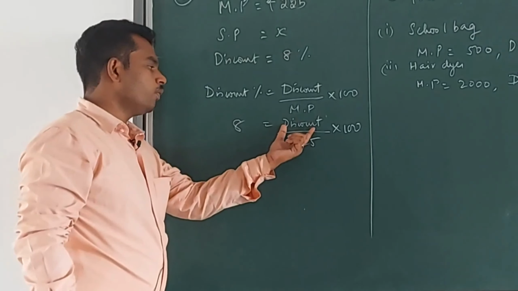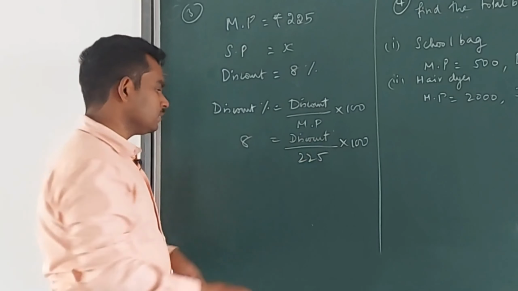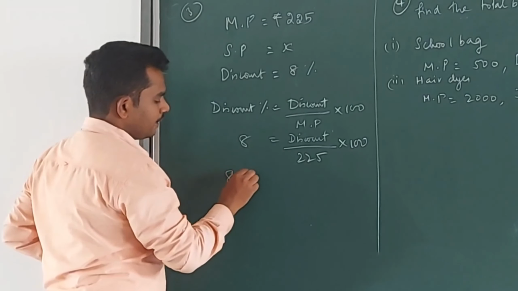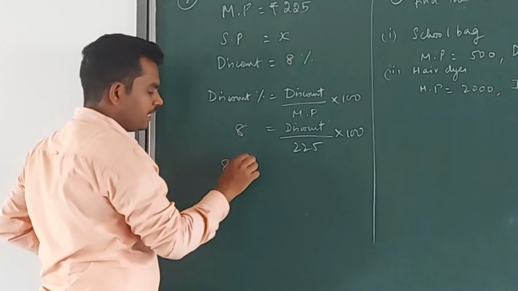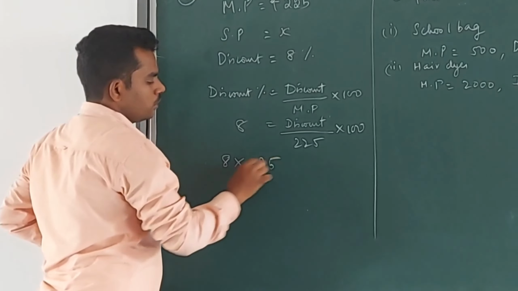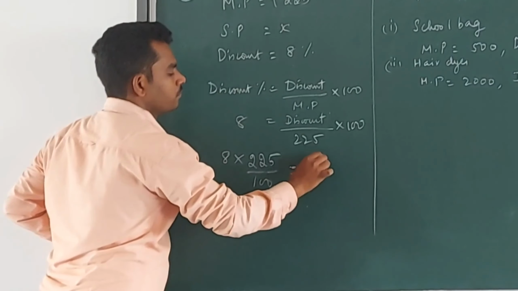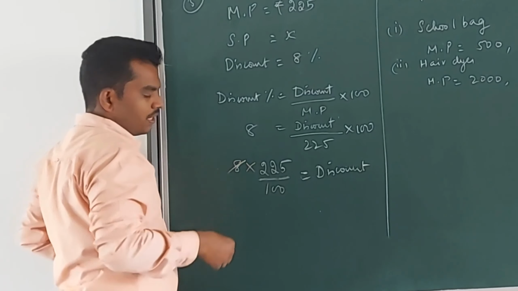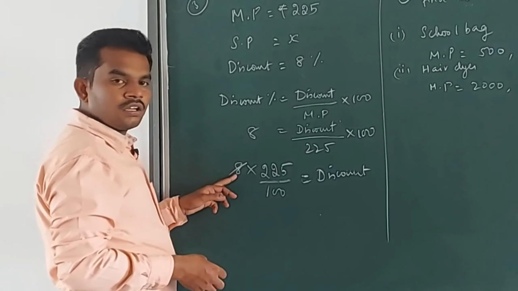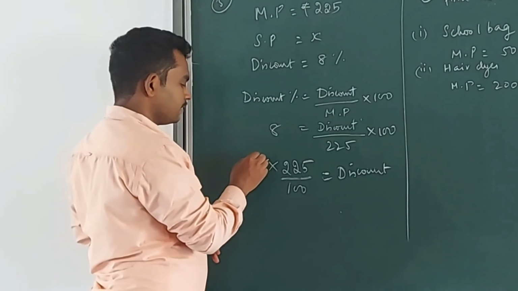Here we only know discount. So 8, the 100 goes to divide, 225 goes to multiplication. So 8 into 225 divided by 100 equal to discount. So cancelling on fourth table, 4 2s are 8.